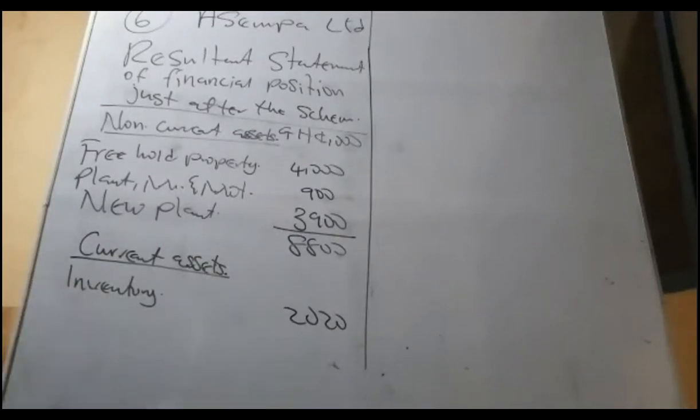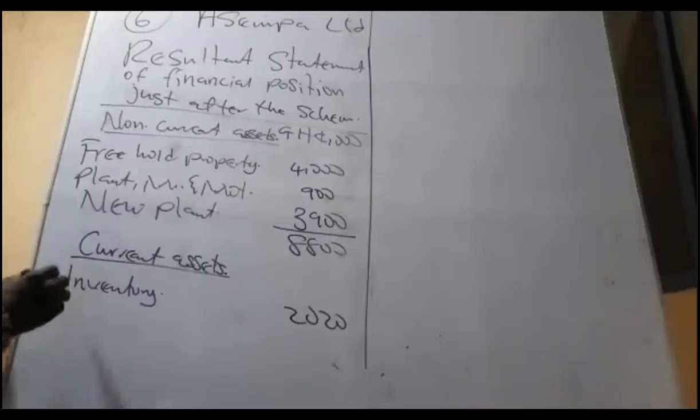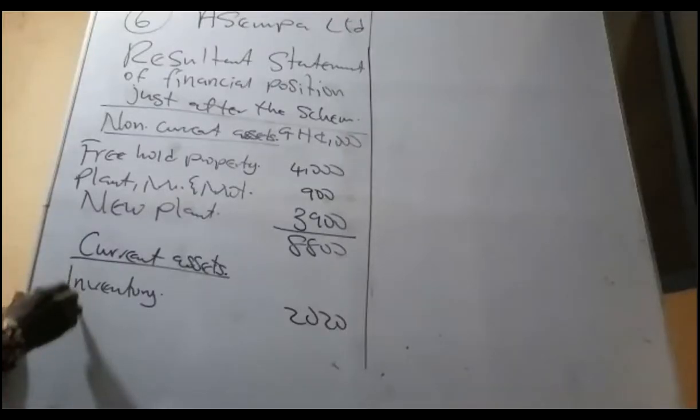Let's go and pick how the examiner calls the said account receivable, because the solution to every question is the question itself. The stated account receivable. So here too, we have to also call it account receivable.